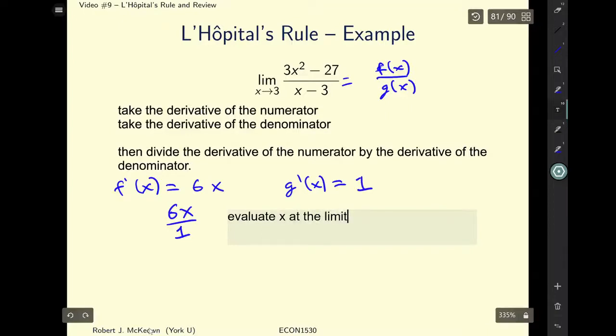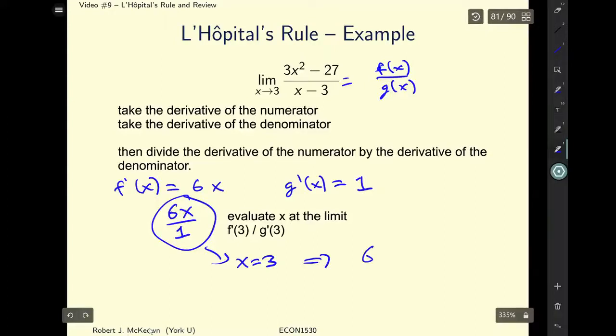So I'm going to have f prime 3 divided by g prime 3. And so I'm going to take this thing here, and I'm going to let x be equal to 3.